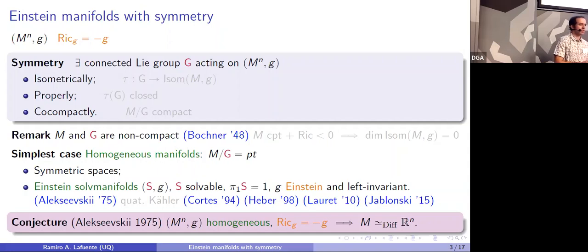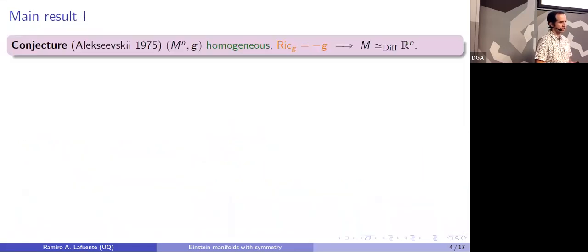Now, the question is, if you have a homogeneous Einstein space with negative scalar curvature, connected, of course, does it have to be diffeomorphic to R^n, or can it have non-trivial topology, so to speak? So this is called the Alekseevsky conjecture, and it's been open since '75.